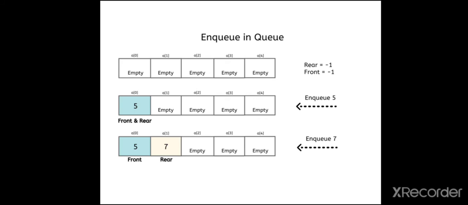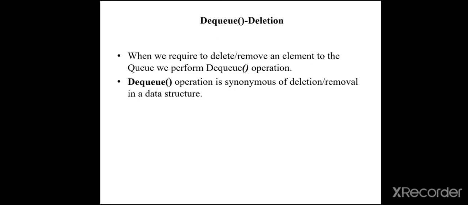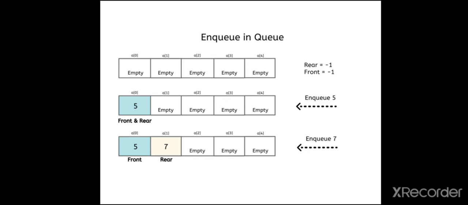Let us consider an empty queue. Whenever we are inserting an element, the first step is to keep rear equal to -1 and front equal to -1. This is the initial value of rear and front.